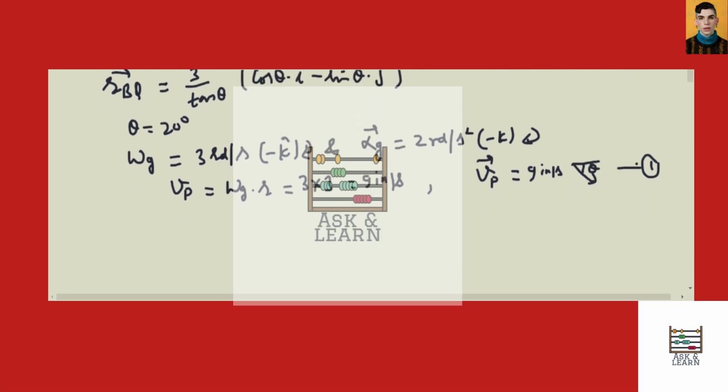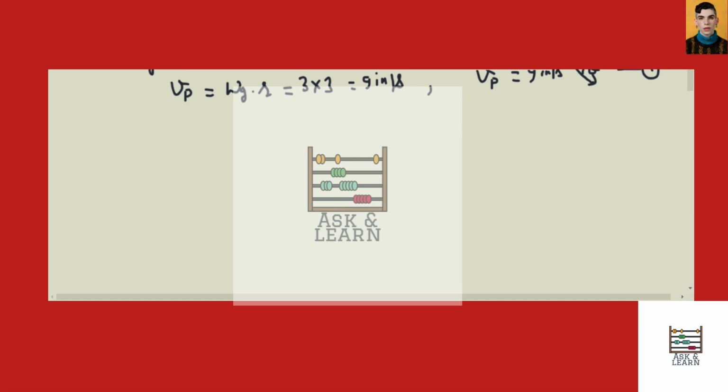Acceleration of P normal, omega square gear into R, 27 inch per second square.